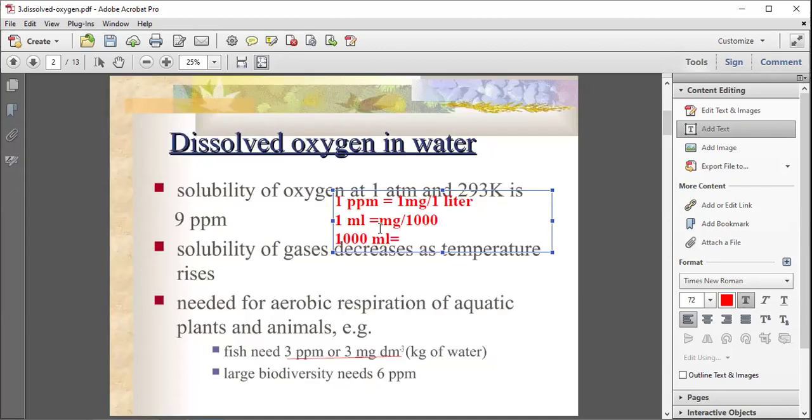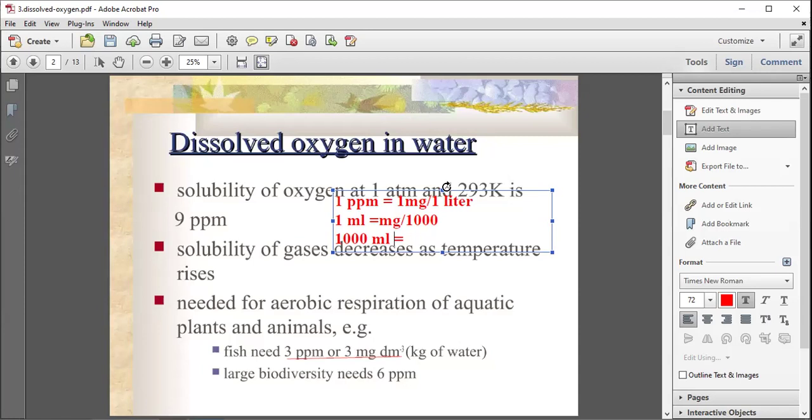Normally, you know the calculation. 1 liter is equal to 1000 milliliter.